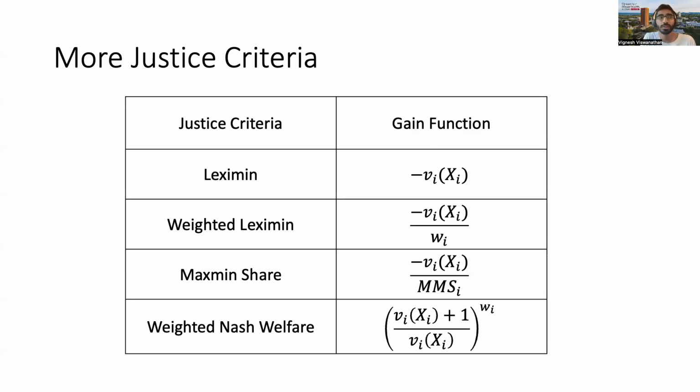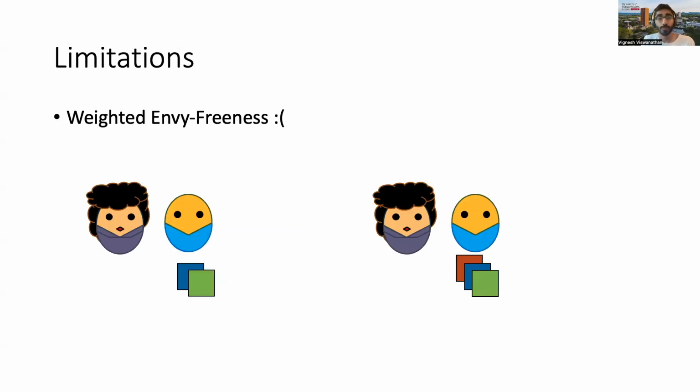The most complex result is showing that only those two conditions, Pareto dominance and gain function, were necessary. After that, showing that all of these justice criteria satisfy those two conditions is almost trivial. So I would highly recommend checking out the paper if you would like to know more.